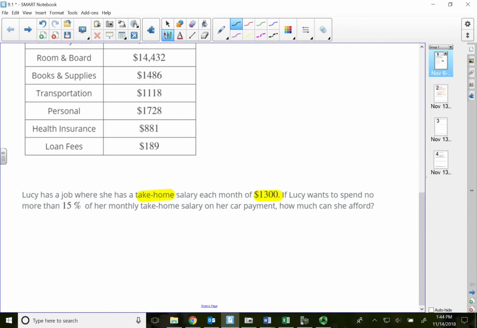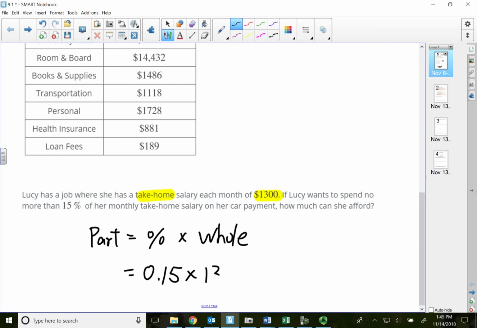So if I know I only bring home $1,300 and I don't want to spend more than 15% on the car payments, as you can recall, part is equal to percent times the whole. So this equation that I showed you before, this is what we're going to do. So no more than 15% of the take home. So we take the percent times the whole amount of bring home income.